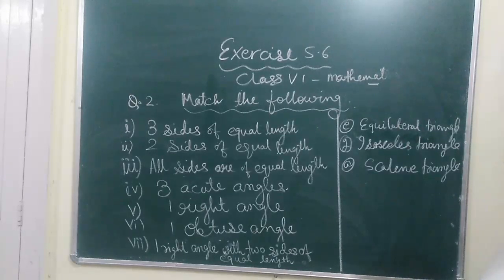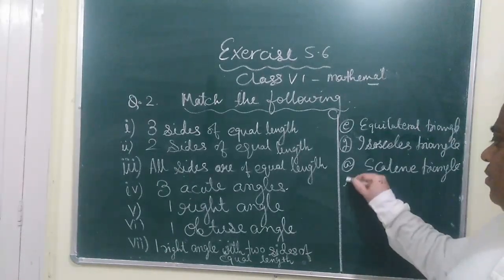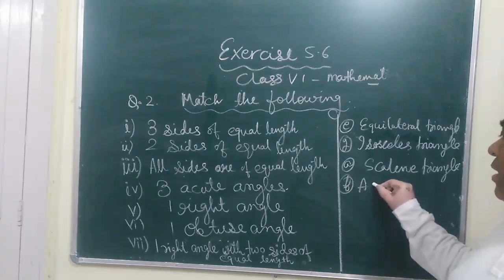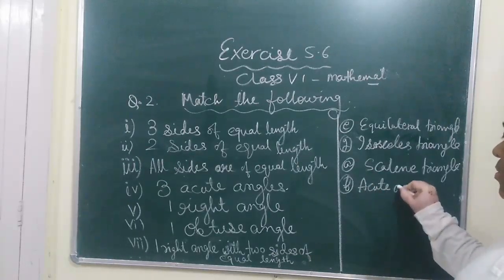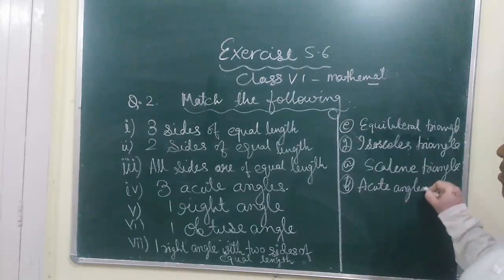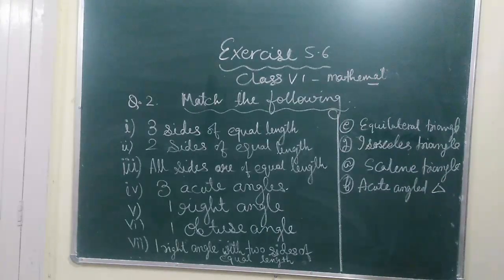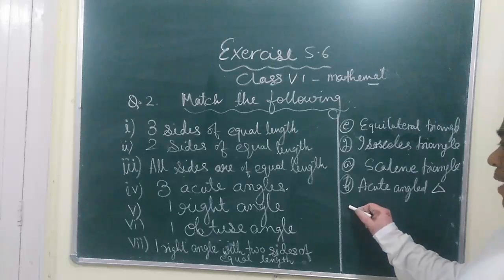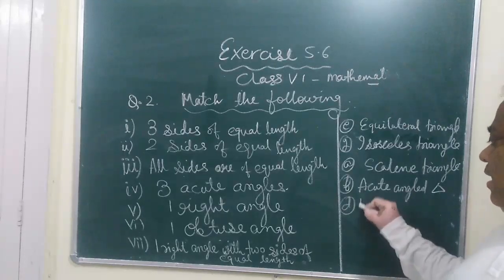Fourth, three acute angles. So three acute angles will be F, acute angle triangle. One right angle. So it will pair up with D, right angle triangle.